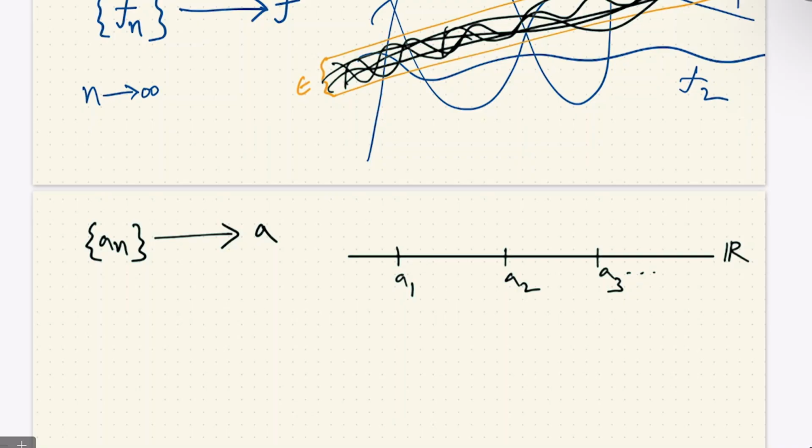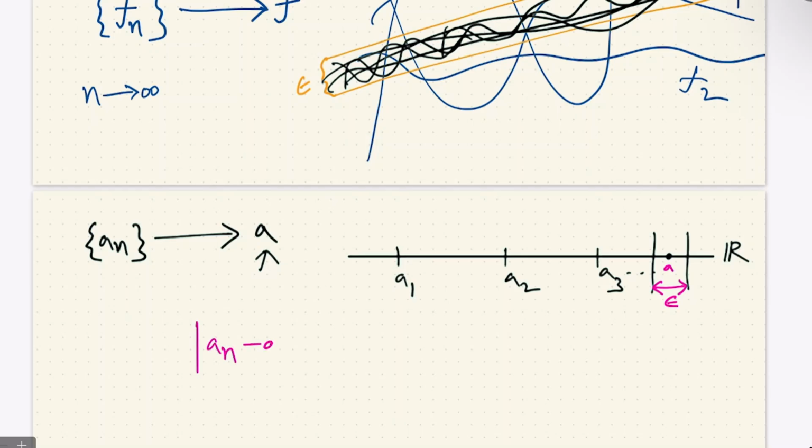After a certain stage, what will happen? If that is converging to point A, that means there is A sitting inside here, and this is a given epsilon.